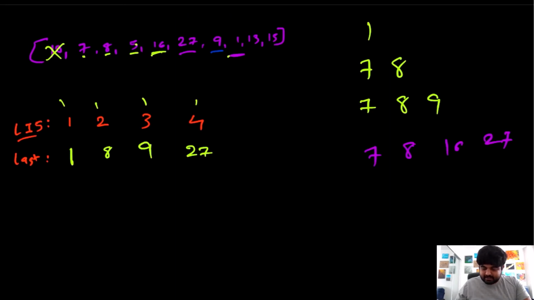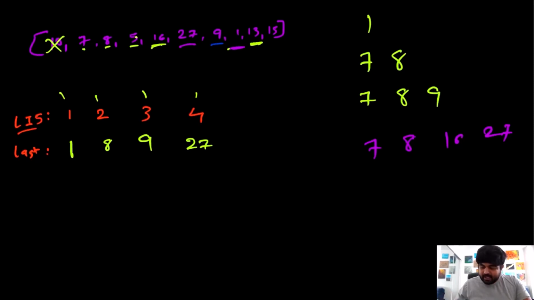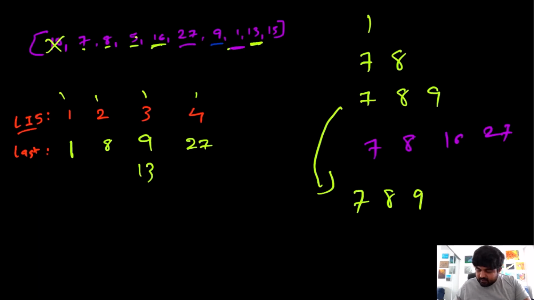Now let's consider this value number 13, where over here we can add this value number 13 so that it would give us the most value. And we should not be replacing this 9 with value number 13, because we are not trying to get 7, 8 and 13, since that is not in our favor.